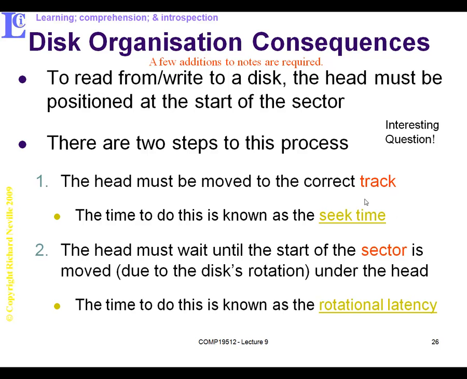The track has a seek time and the sector has a rotation latency. So you've got to move the head into the right track and then spin the disk round to get to the right sector. 2 times associated with these: seek time, rotation latency.